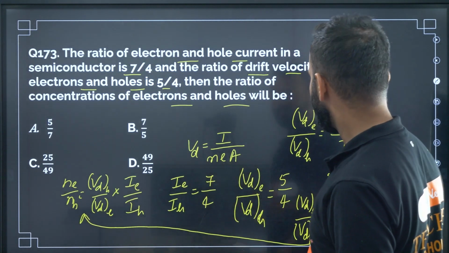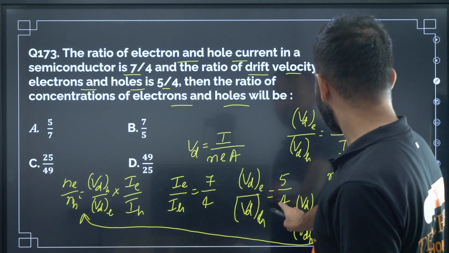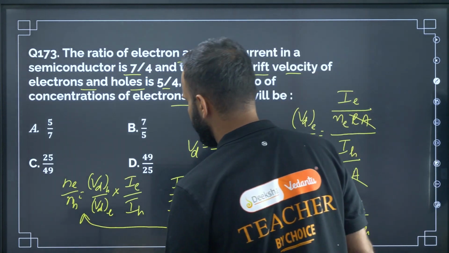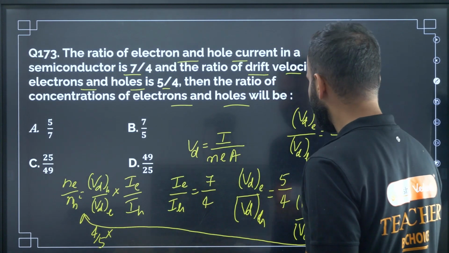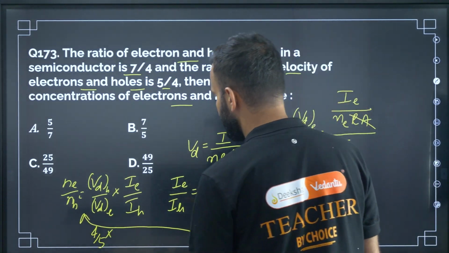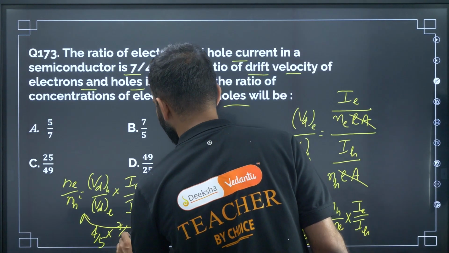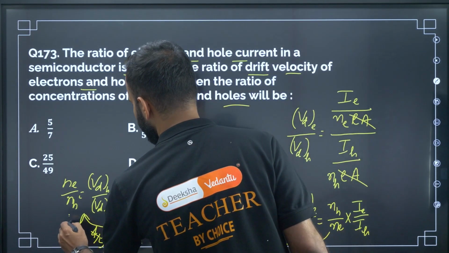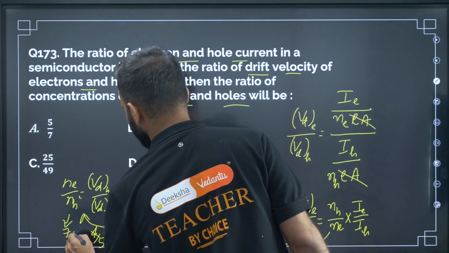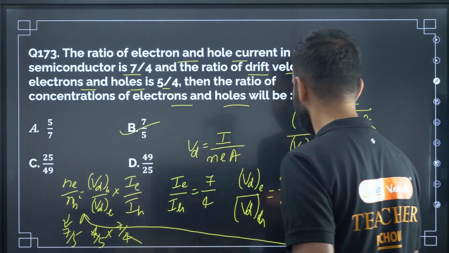Now, what is VDH by VDE? Here VDH by VDE is 4 by 5. So 4 divided by 5 into, what is IE by IH? IE by IH is 7 by 4. So 4 will get cancelled. Finally, NE by NH is equal to 7 divided by 5. So the correct option is B.